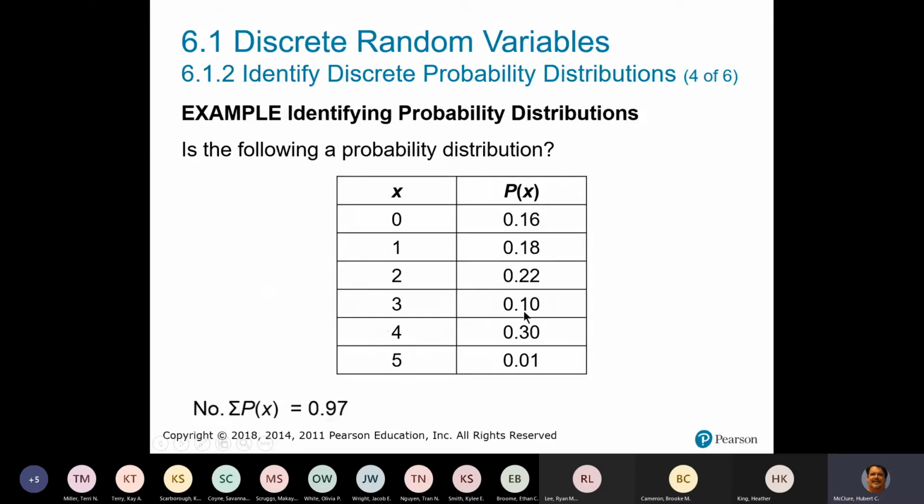So this one is not a probability distribution, because when you add up all these numbers, you get 0.97. These are 3 possible standardized test questions. Is the following a probability distribution? No, because these numbers add up to be 0.97.